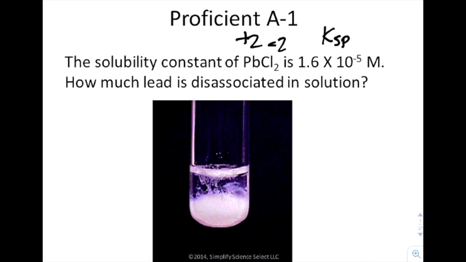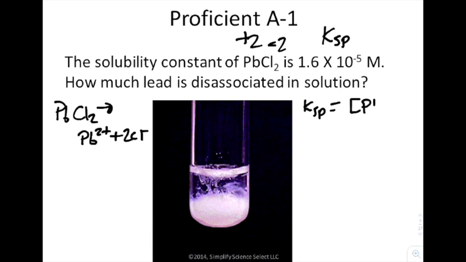Now I need to write what this solubility product is going to equal. Lead chloride is going to go to lead and 2 chlorides, so my KSP expression is going to be [Pb2+][Cl-]^2. We have to square that chlorine value.